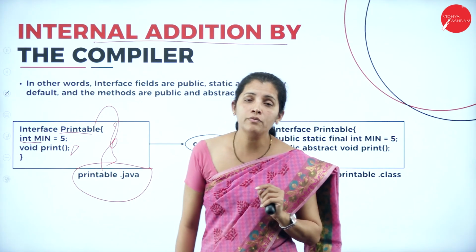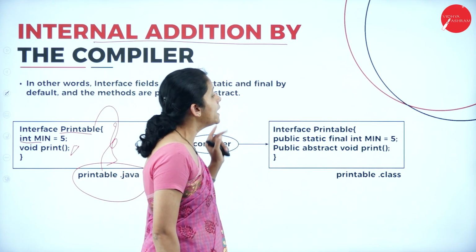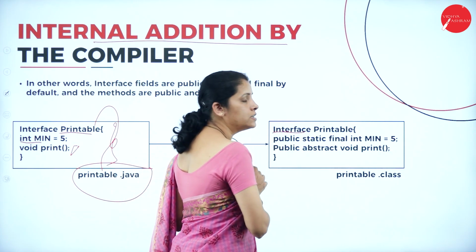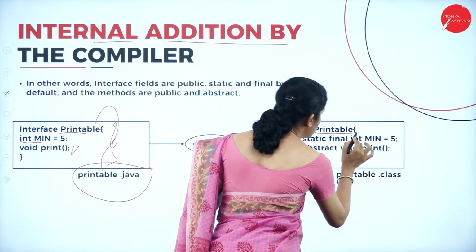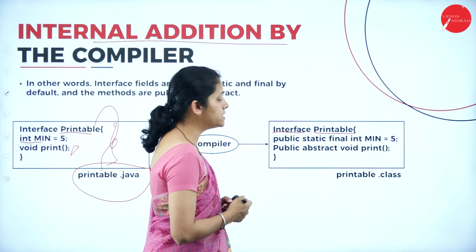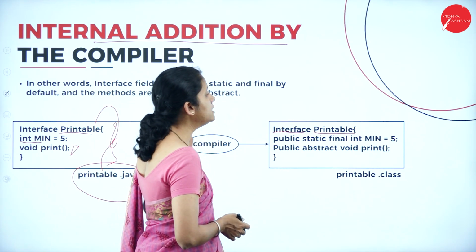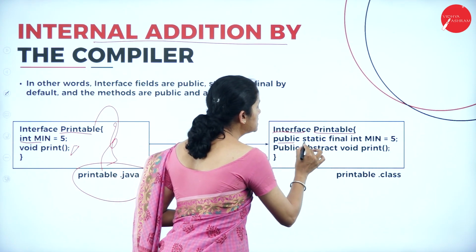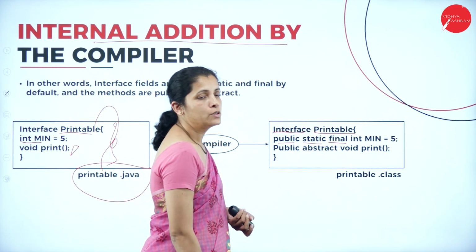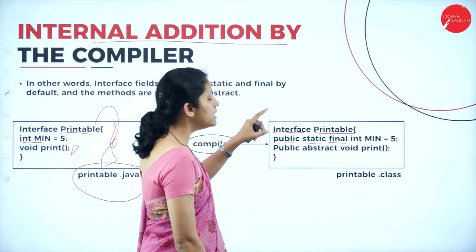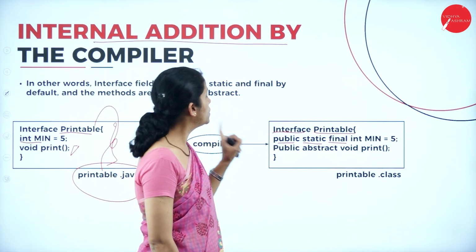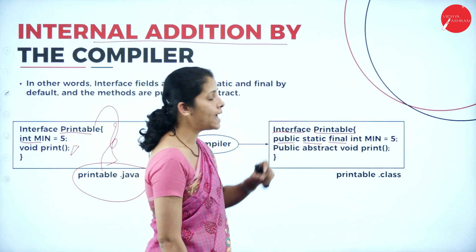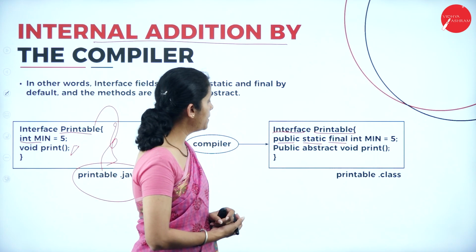Now, the job of the compiler is to add the additional keywords. See here, the interface remains as it is, the interface name remains as it is, but the compiler is responsible for adding public static final. So here, an interface is capable of holding only public variables, static variables as well as final variables.